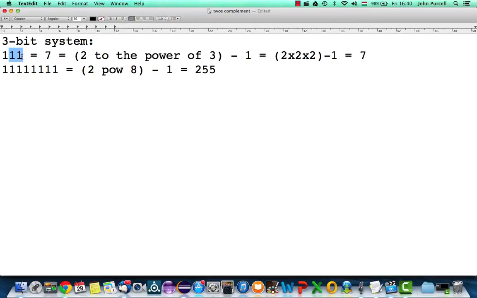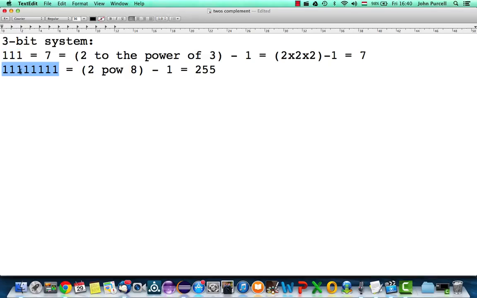If we did that, we'd have one less bit to represent the actual number itself. So we could imagine in such a system that the maximum value we could store, let's say in 3 bits, would be 2 to the power of 2 minus 1, which would just be 3.